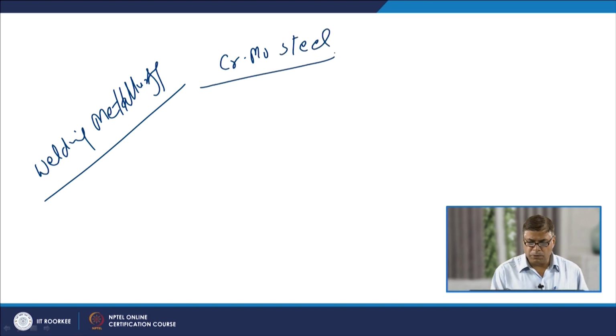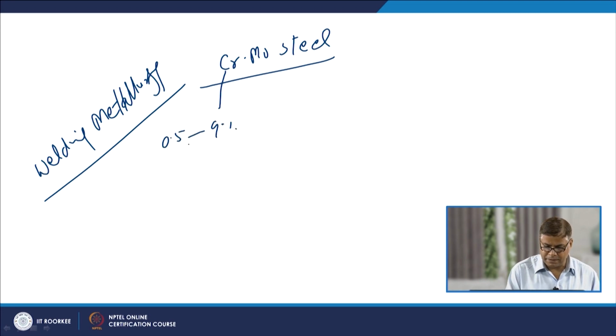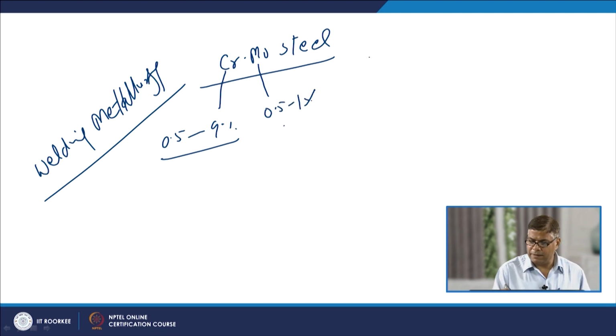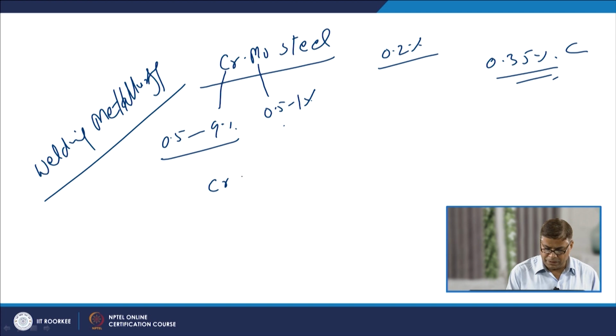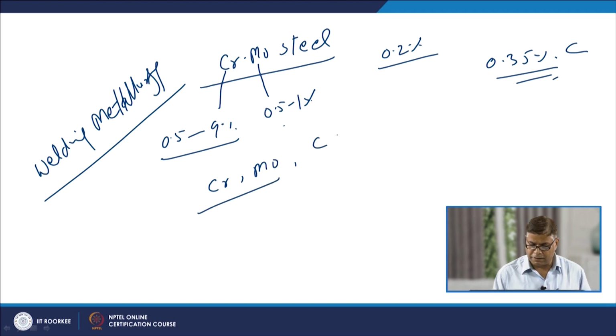We know that the chromium in these steels can range from 0.5 to 9%, while molybdenum is usually 0.5 to 1%, and carbon is generally less than 0.2%, and in some high carbon cases it may be 0.35%.